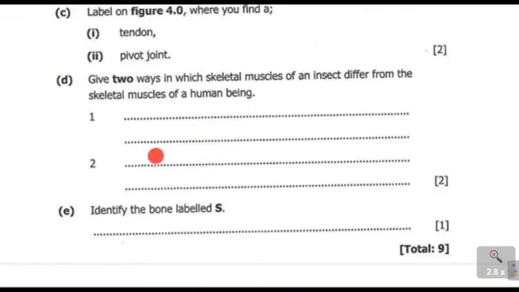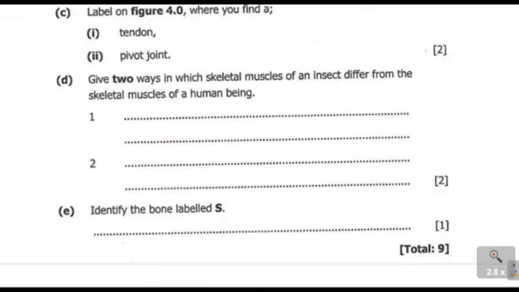The second difference, we can say in insects the skeletal muscles are outside, while in humans the skeletal muscles are inside, meaning that insects have the type of skeleton that we call exoskeleton because it's outside. Then humans have the type of skeleton that we call endoskeleton because they are inside. So we can write our answers right here.